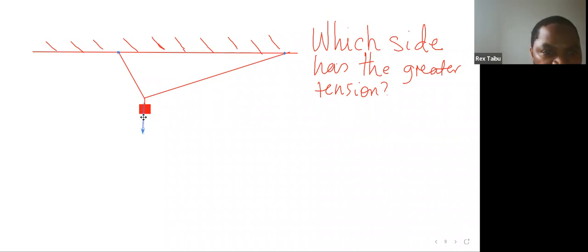I can just represent it as a vector acting downward on the node. And since the box is in equilibrium, I can actually draw an opposing force. That should be the net force, the same size as the one acting downward. So this has to be the same size as this vector so that it is in mechanical equilibrium.